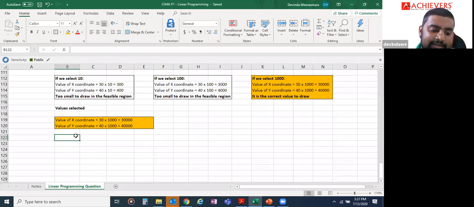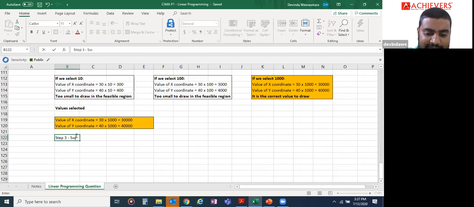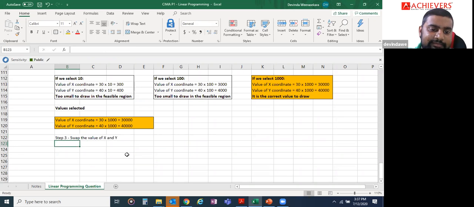Right. Step 3 and the final step is simply swap the values of x and y.